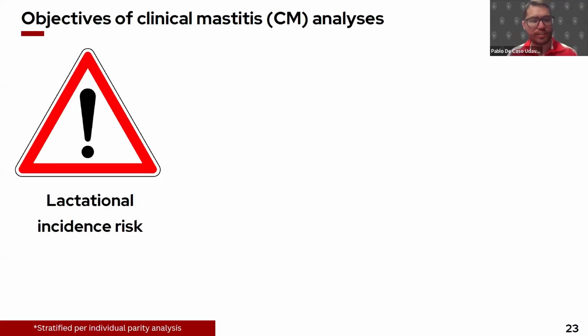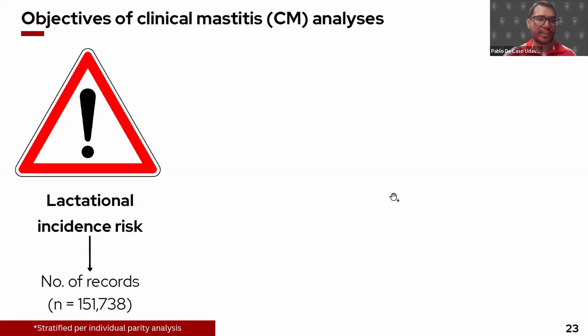So now, considering the richness of the data set that we had and its characteristics, we aim to do 3 objectives for this analysis that we're currently working on very closely here at UW-Madison. First of all, it's the lactational incidence risk, which I'm going to define in a little bit.